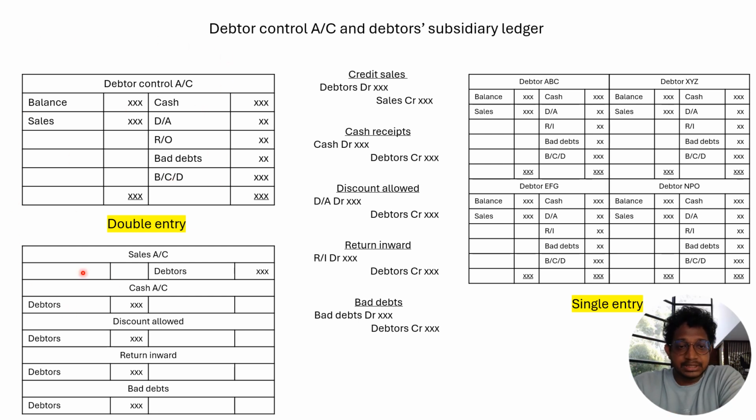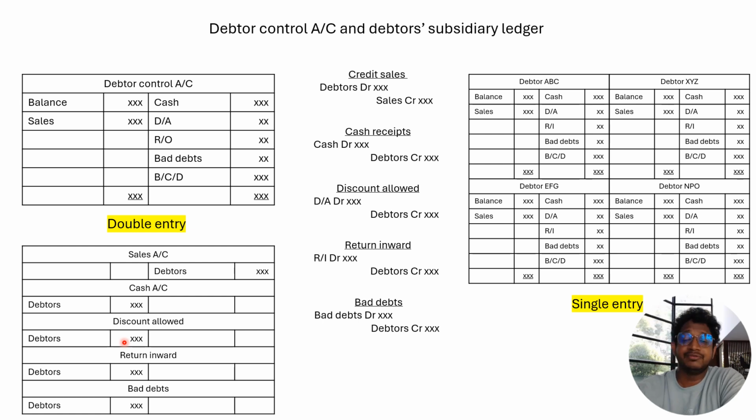So in the double entries, in the debtor control account, we are recording the debt in our main ledger, right? But you have to know what happened to each exact debtor separately.